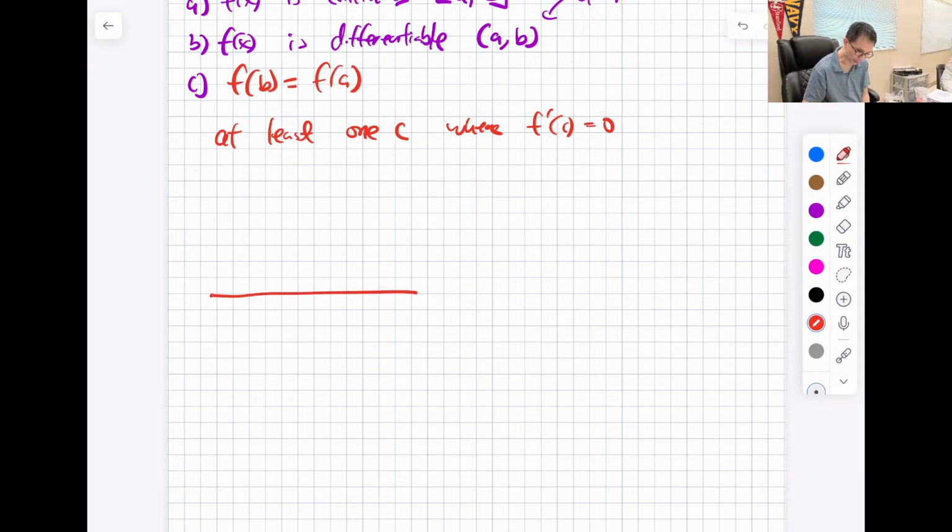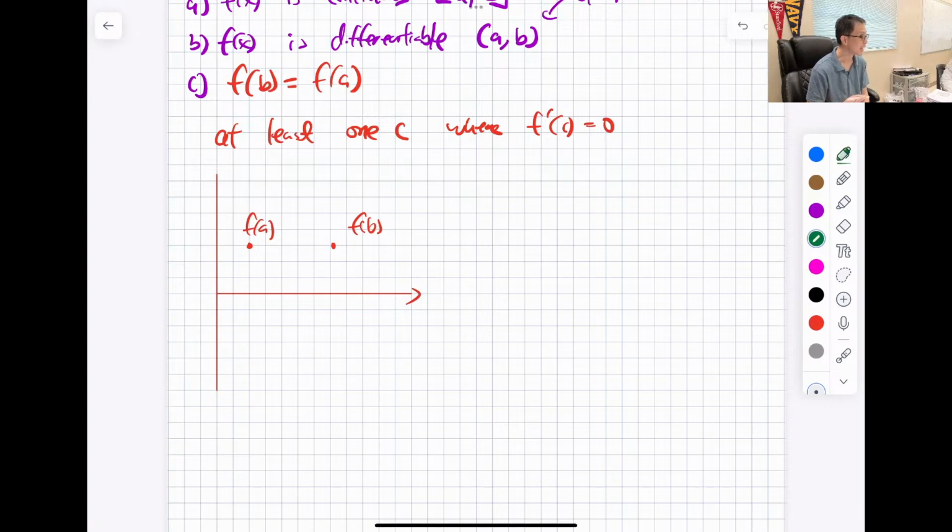Well, imagine if we have a point, and I have f of A is equal to f of B. Right? Now imagine that you have a straight line. Well, what's the slope of a straight line? 0. So you can have an infinite amount of C. That's the most C that you can have.